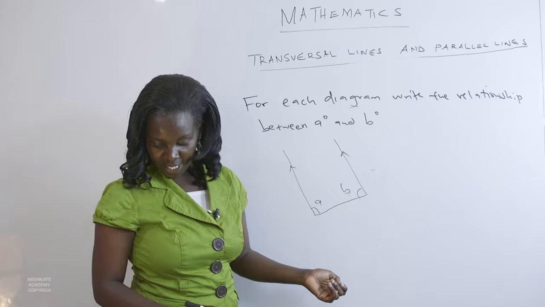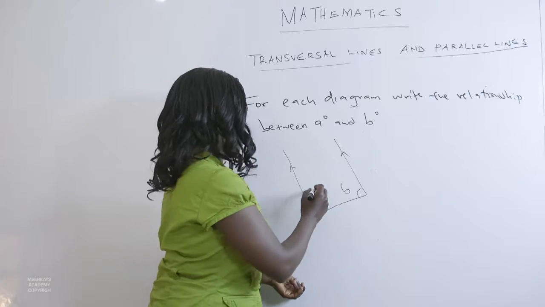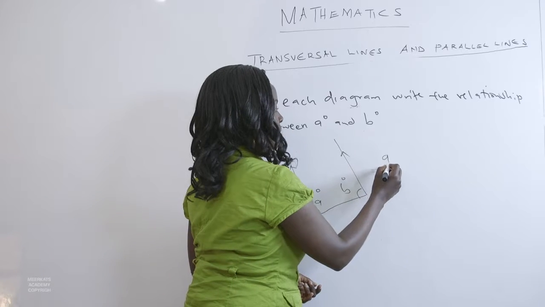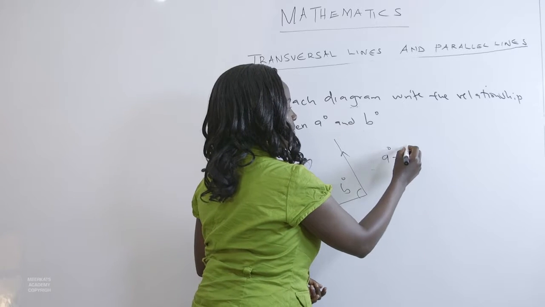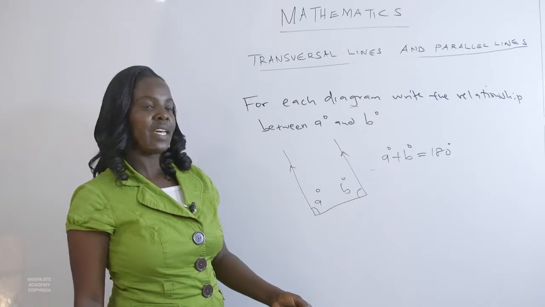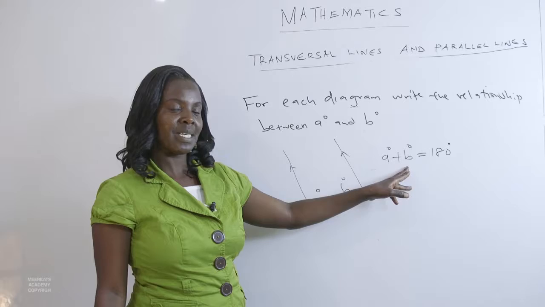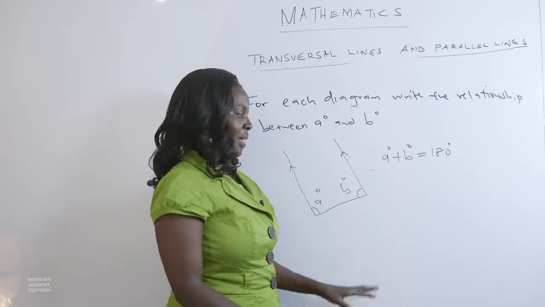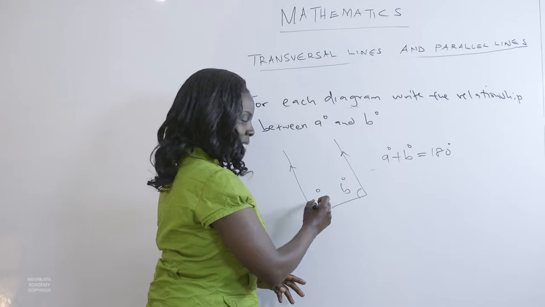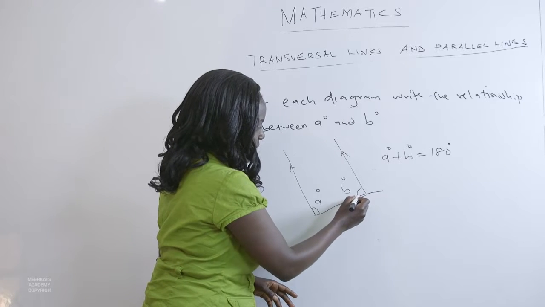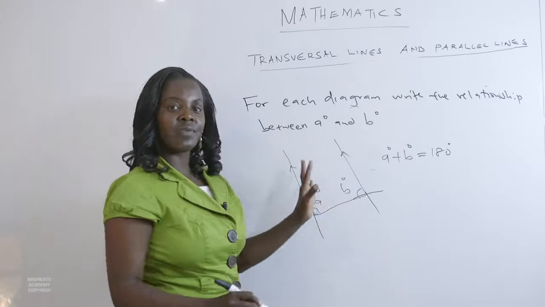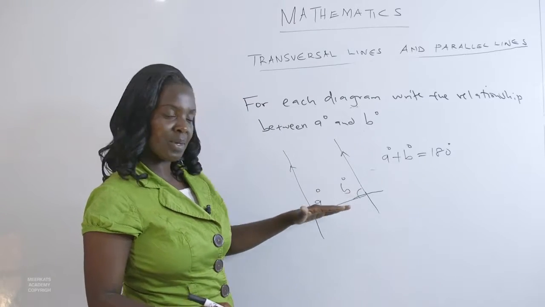What's the relationship between A and B? The relationship between A and B is A plus B is equal to 180 degrees. Why? Because you realize that these are co-interior angles, and this is a transversal. If it's not very clear, you can extend the lines, and then we can understand well.